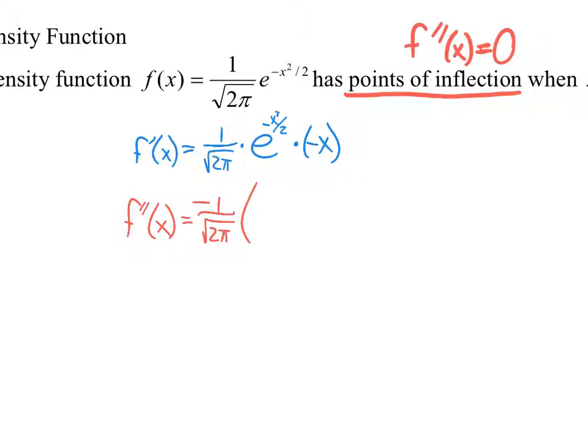So product rule: the derivative of the first term, e to the negative x squared over 2, is e to the negative x squared over 2 times negative x, times the second, but we already took that negative out, so it's just x, plus the first term, e to the negative x squared over 2, times the derivative of the second, which is just 1.